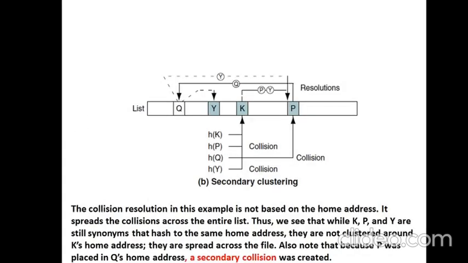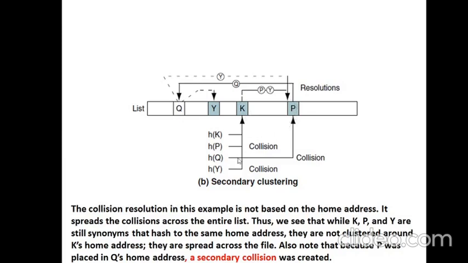This is an example for that. Now we also want to store the same set of elements. K gets stored properly and P results in a collision, and now we can see P gets stored away from K. It's not near the home address. It gets stored at a long distance.